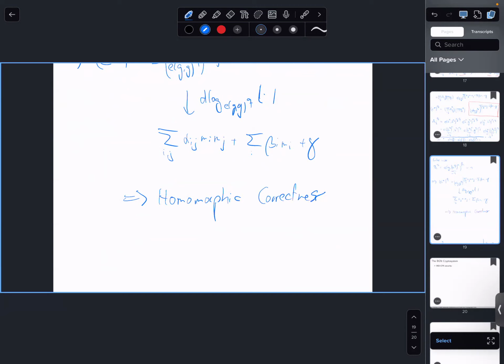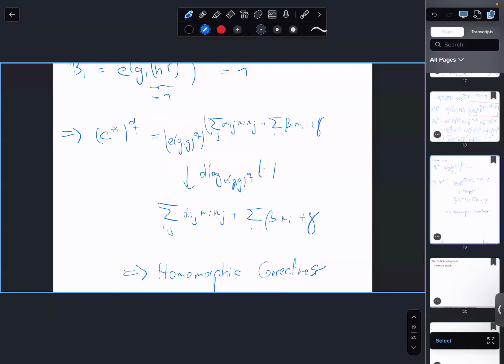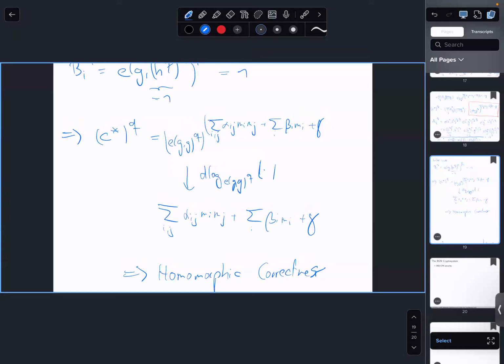All right. And of course, again, we can only efficiently compute this discrete logarithm if we know a priori that this exponent, the sum of alpha_ij m_i m_j plus the sum of beta_i m_i plus gamma, is small, right?